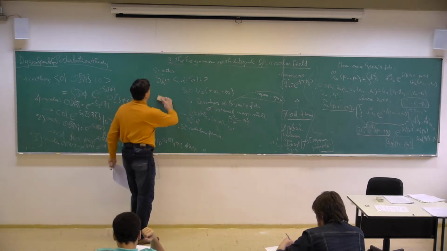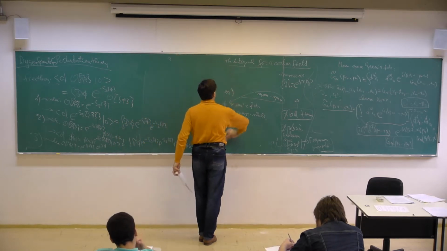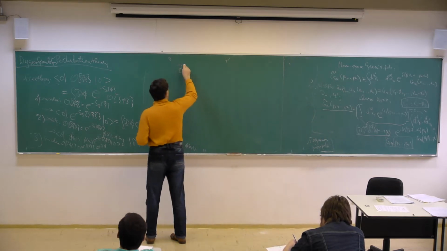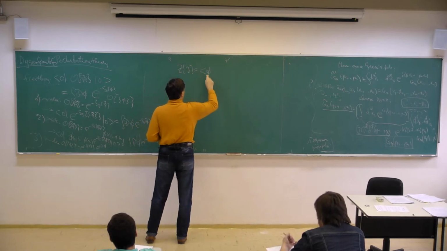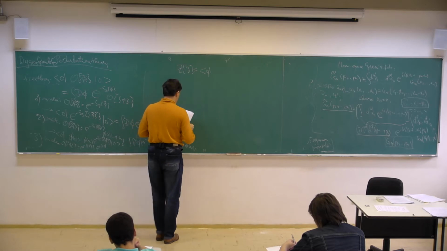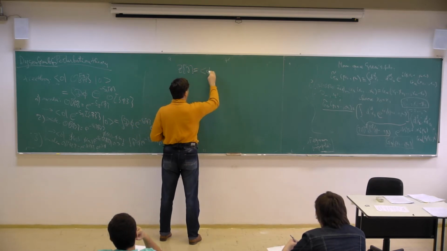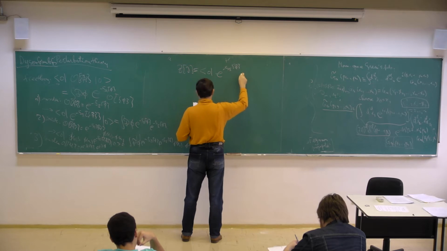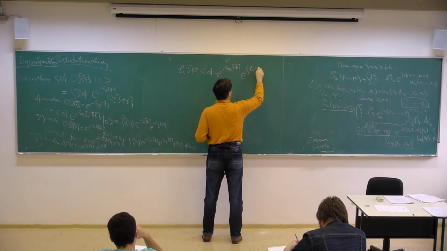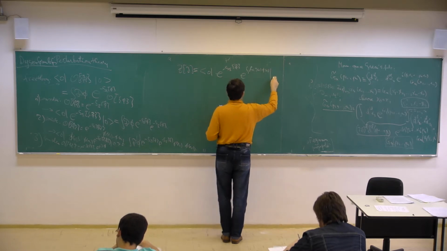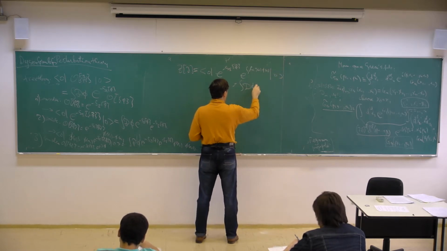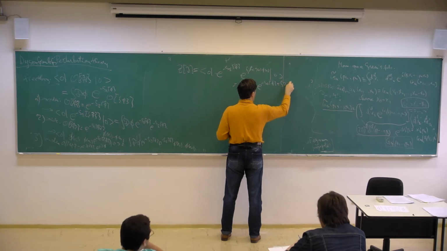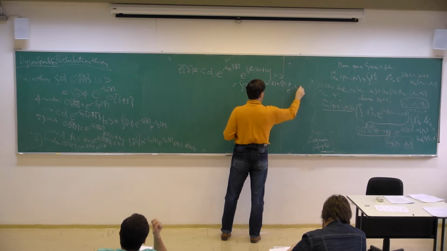So finally, I can say that this Z of j, defined as the vacuum expectation value of e to the minus S_I of phi times e to the integral of j(x) phi(x) in 0, is just that integral of d phi e to the minus S0 of phi plus integral j phi minus S_I of phi.